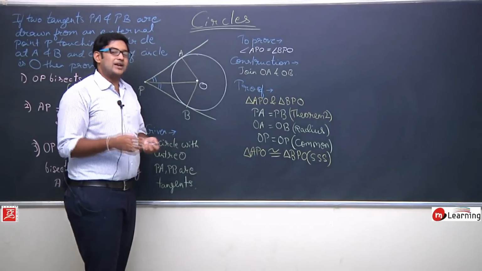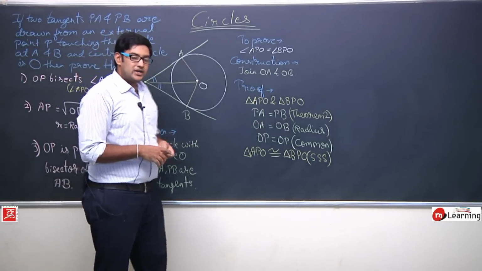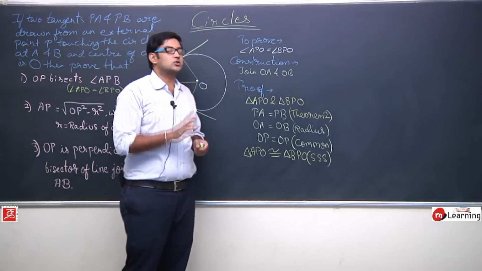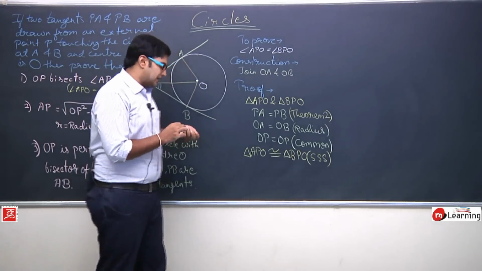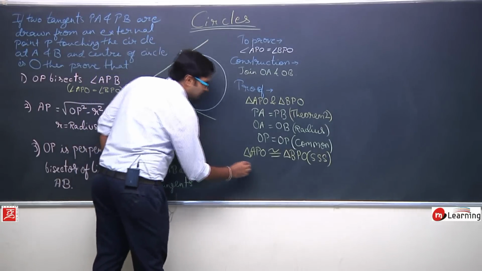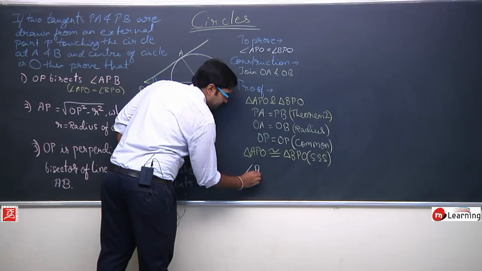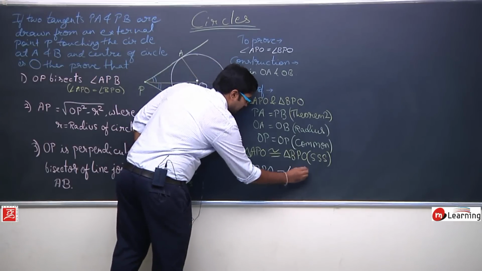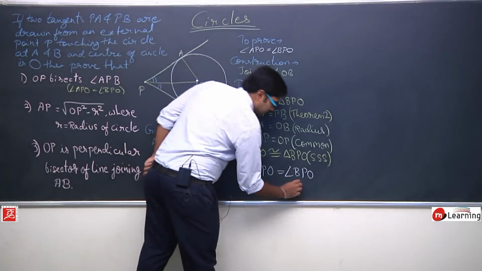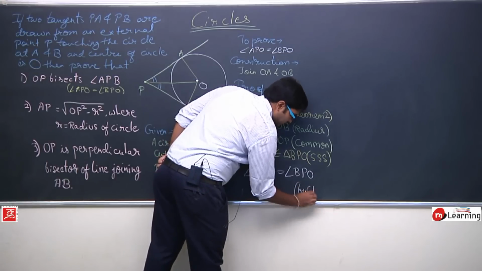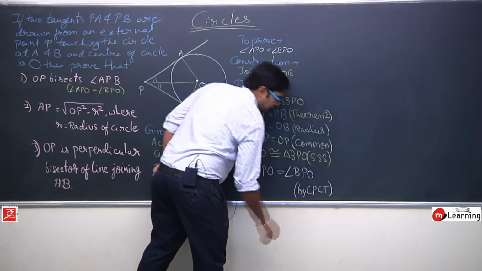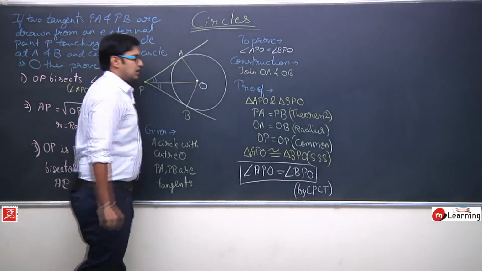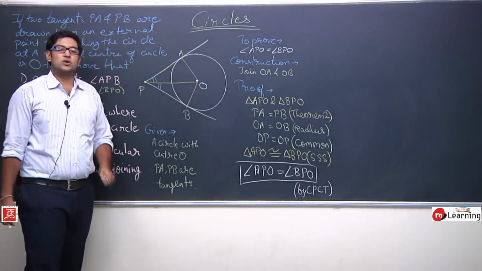Now since the two triangles are congruent, their corresponding sides and corresponding angles must also be equal. So definitely I can write angle APO is equal to angle BPO by corresponding parts of congruent triangles. By CPCT condition ये दोनों angles बिल्कुल बराबर होंगे.